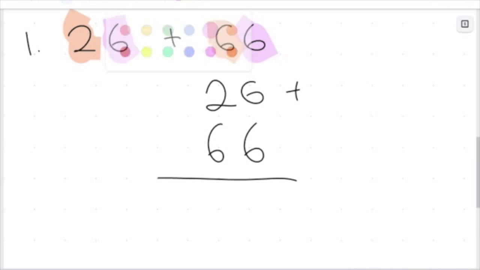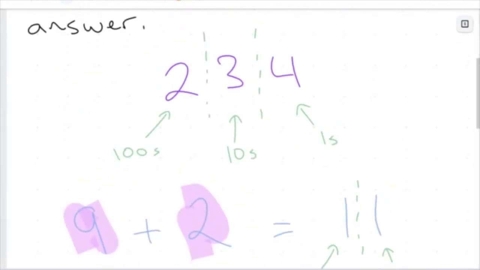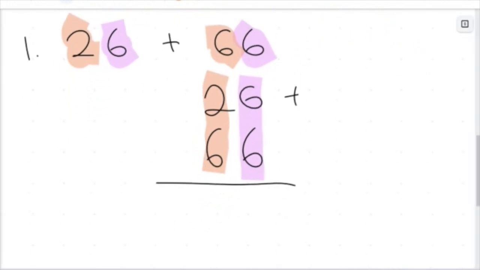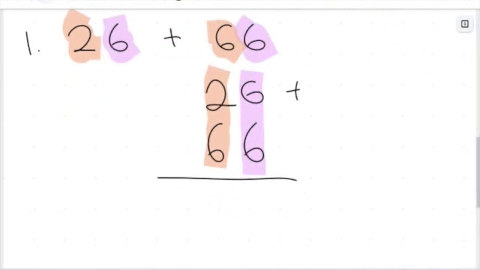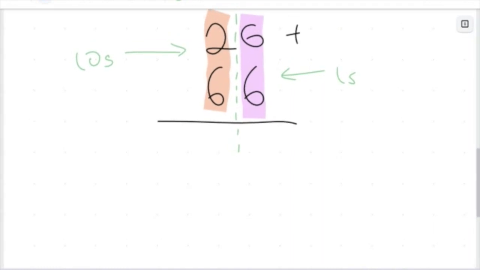I'm going to go down my columns. Because if you look here, I can split these up in the same way with these little green markings here. And I can deal with the ones and the tens. Cool, okay. So now let's think about adding these together now. So, let's get rid of these.